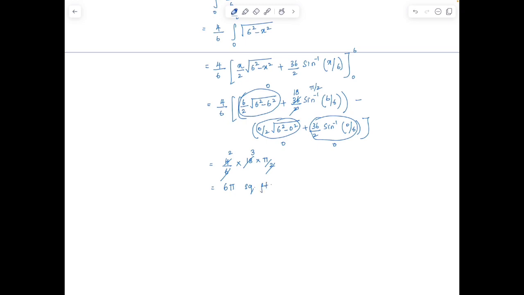This is the area for one quadrant. So the area of the cross section is equal to 4 times 6 pi, which is equal to 24 pi square feet.